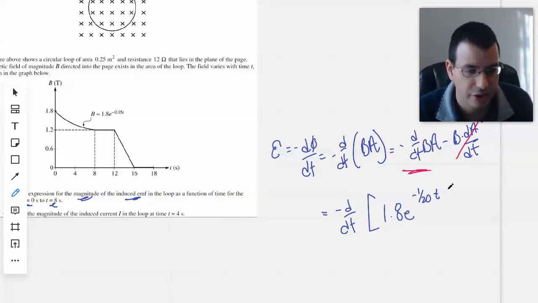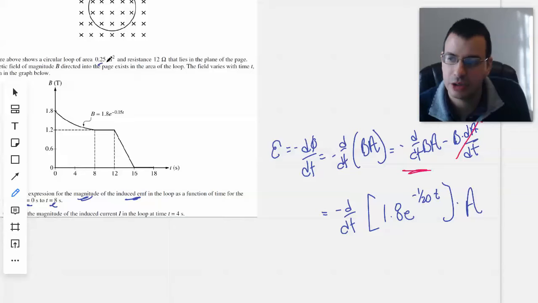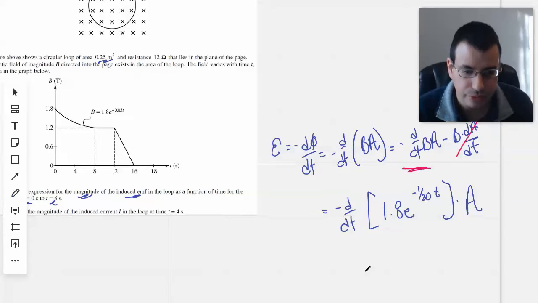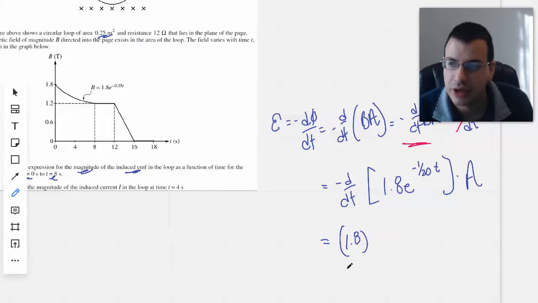Times the area of the loop, which I'll write as A because we know that it is 0.25 square meters. So taking the derivative, we have 1.8, and I'm going to call 0.25 meters squared 1/4.